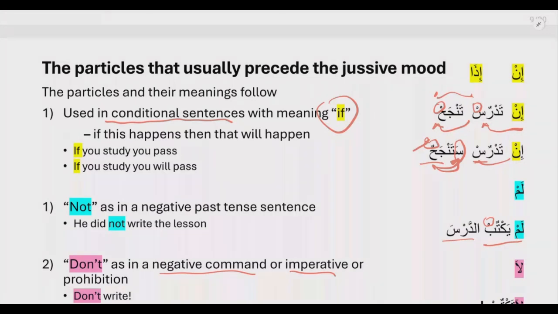So you say la, and then you have the ta coming in because you are commanding something, and you can only command a person that's present. You can't give a command to somebody in the third person, like he's not here, and you're commanding him not to write. It doesn't make sense. You normally only give a command directly from you to another person that's in front of you, right? So that's why it only appears with the second person with the ta in front. All right, and then you find that feature of the sukun coming in again for the jussive mood.